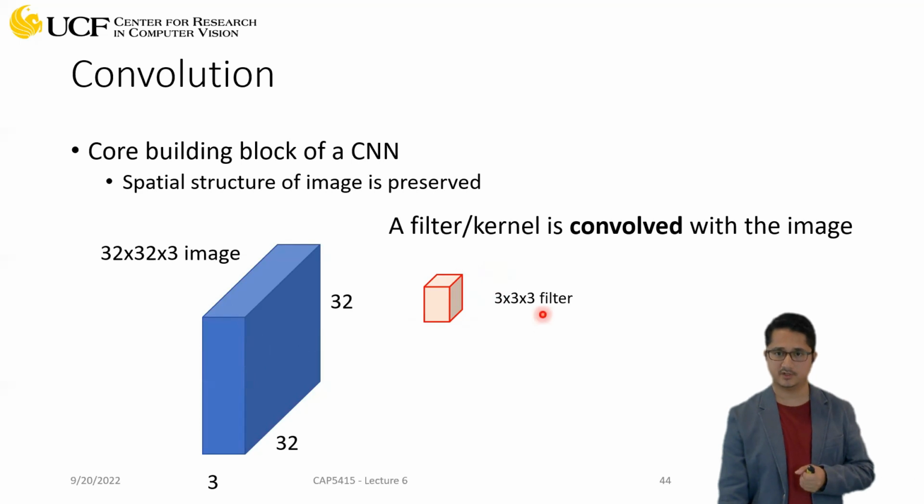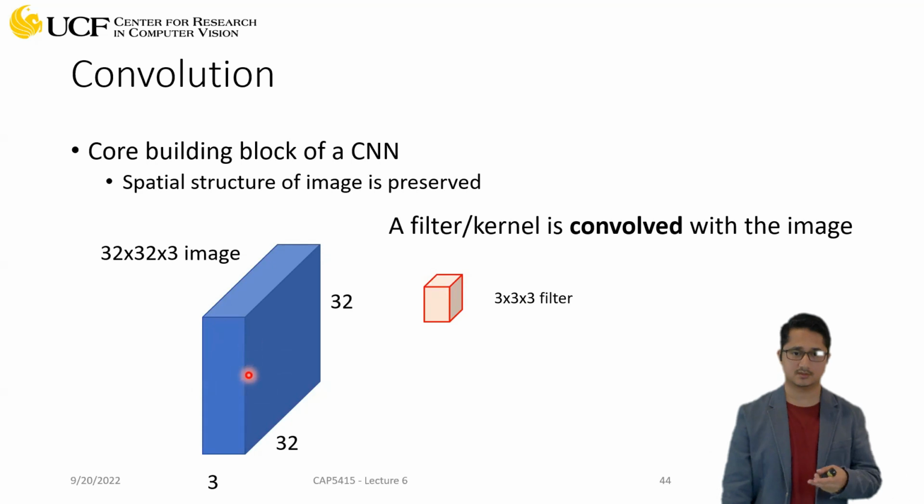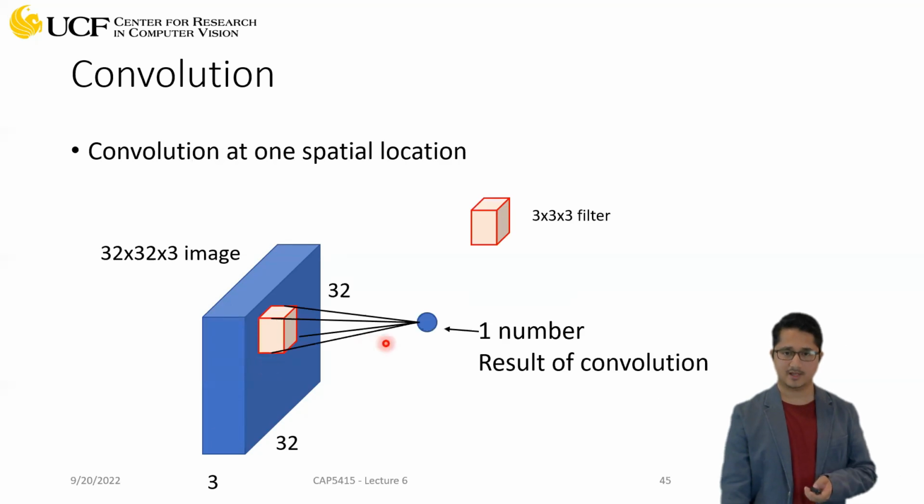So we have this filter. We will convolve this filter on this feature volume. So I will call this activation map or feature volume or feature map. All these mean the same thing. And you know how to convolve, right? So this is 3 cross 3 cross 3 filter. You will try to put this at all the possible locations in this feature map or this input.